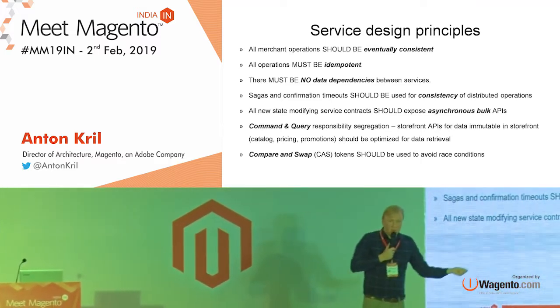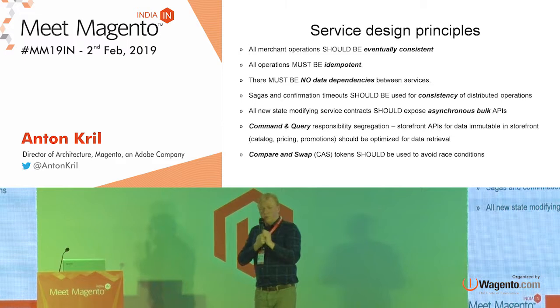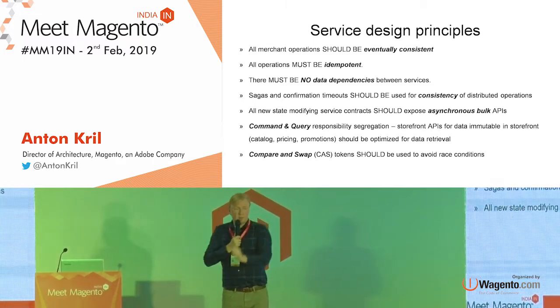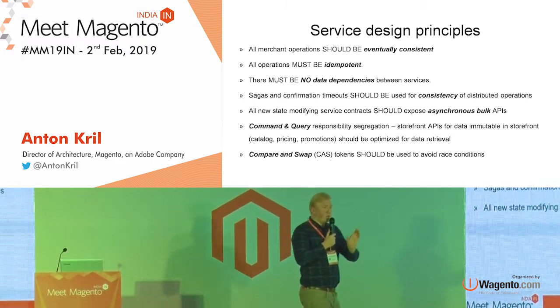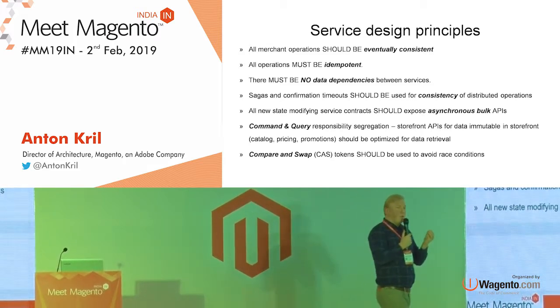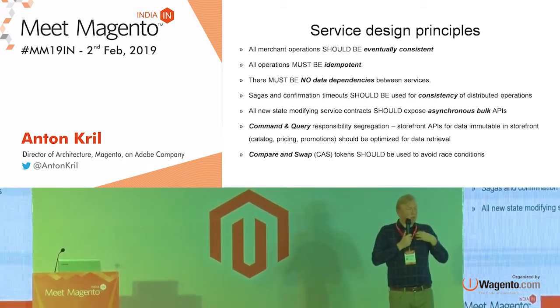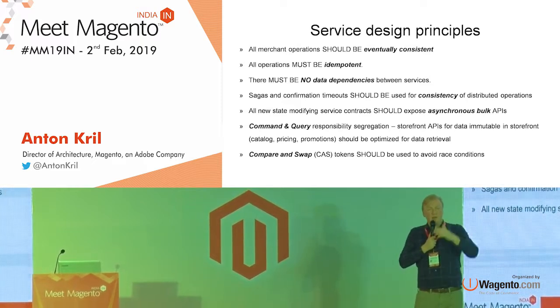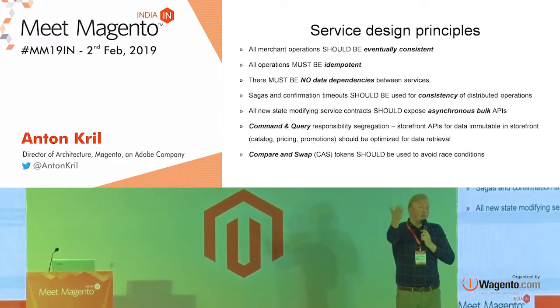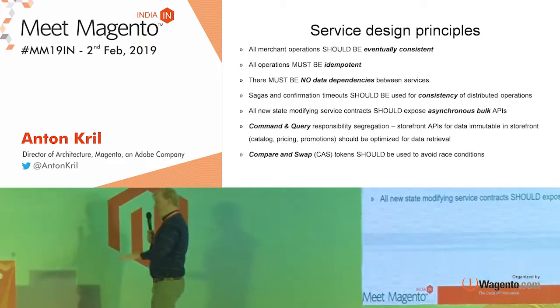Because asynchronous APIs allow you to decouple your services not only in place. Microservices allow you to decouple your code in place, but asynchronous APIs allow you to decouple your services in time. So you call service A, and service B doesn't care when service A will respond, because the API is asynchronous. Something is happening over there.